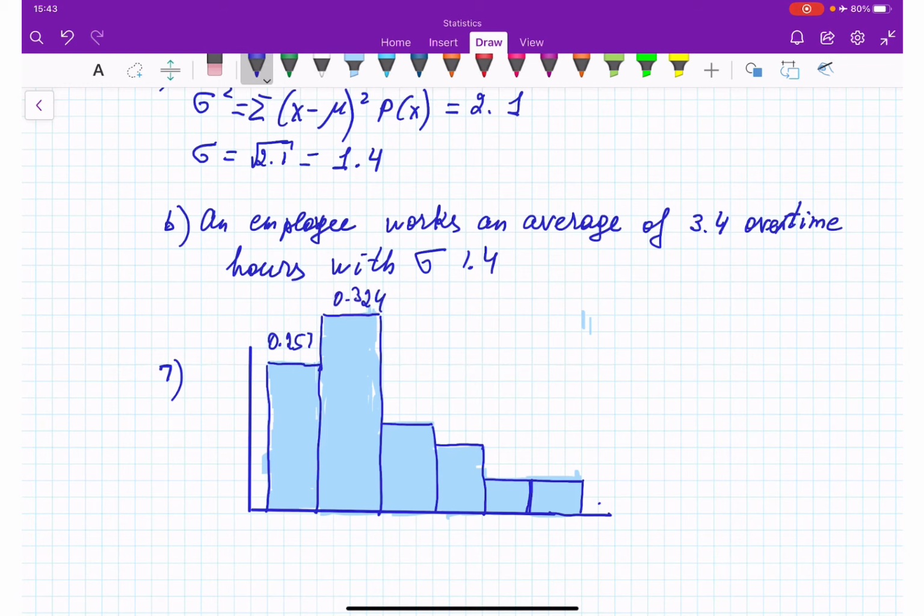Then the probability is 0.153. And then 0.133. And then 0.067. Okay, and this one is, let me see, 0.066. This one is supposed to be 0.066, so slightly down, like this.